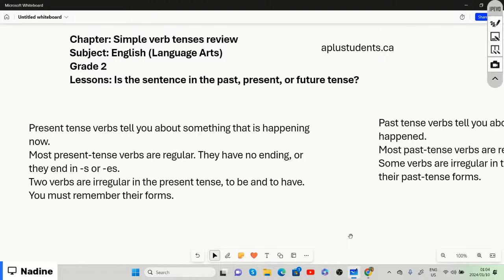The lesson we're going to focus on under this chapter asks: is the sentence in the past, in the present, or future tense? So we're going to find out whether the sentence is in the past tense, the present tense, or the future tense.